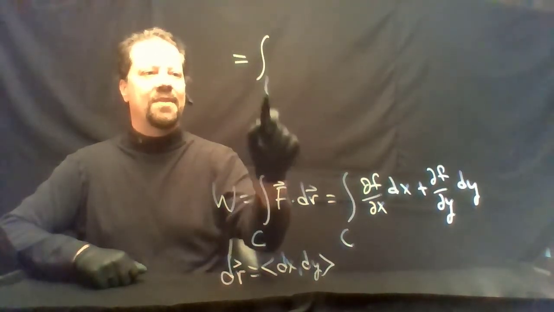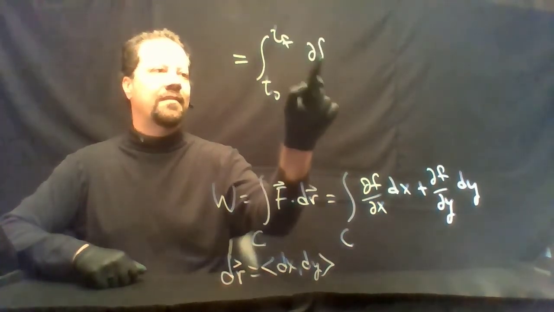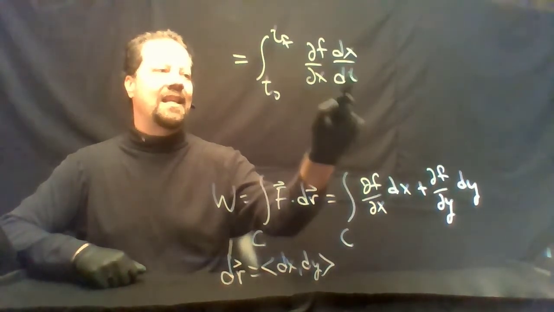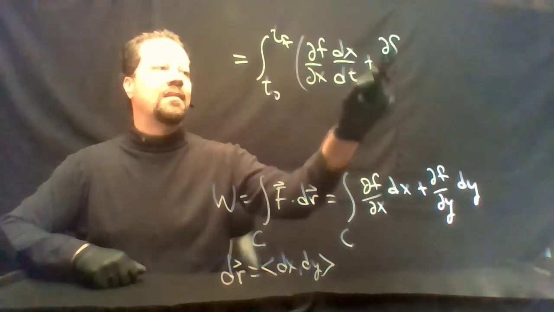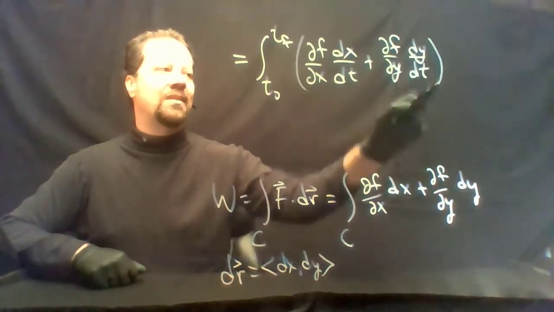The integral becomes the integral from t0 to t final of df dx dx dt plus df dy dy dt all times dt.